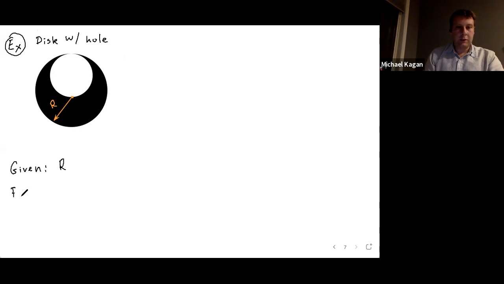Find the position of center of mass of this shape. Position of center of mass. Okay, any thoughts?